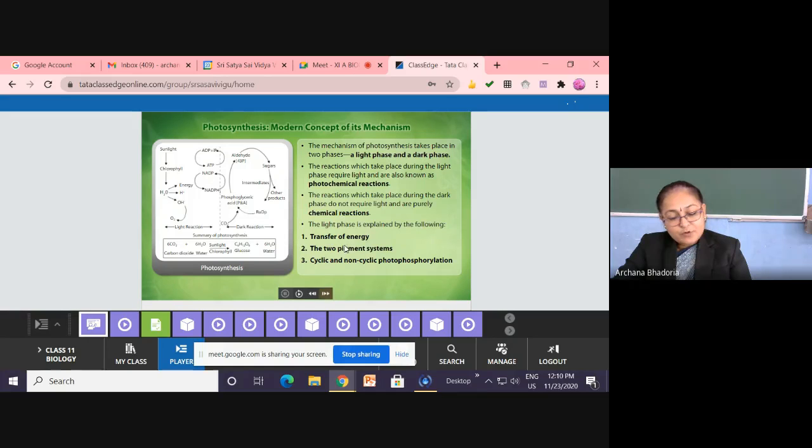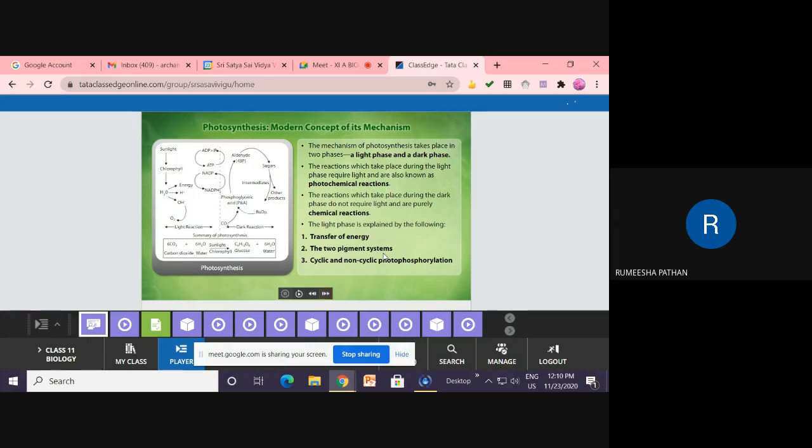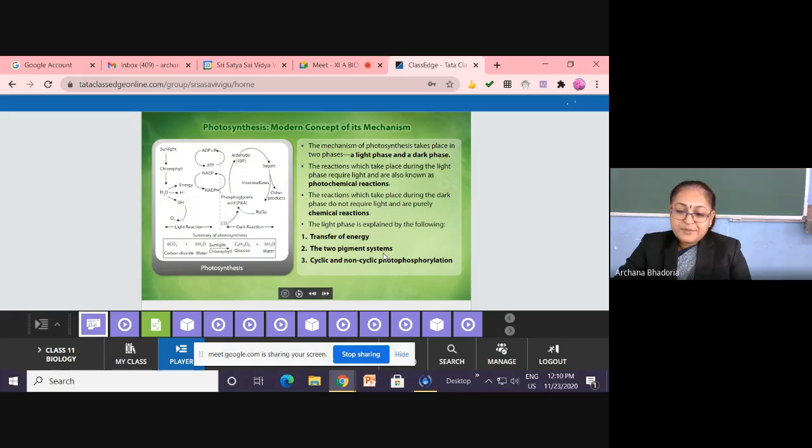Number one, transfer of energy. We will see then how the transfer of energy takes place. Then it involves the two pigment systems. What are the two pigment systems? PS1 and PS2. And the third thing, remember, there will be the cyclic and non-cyclic photophosphorylation.